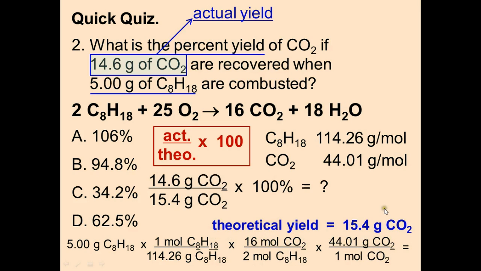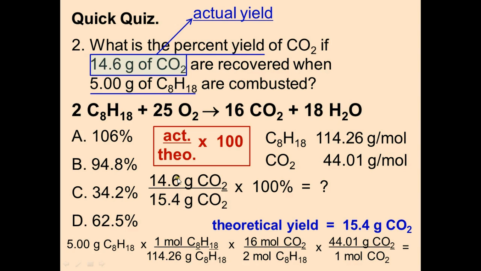And so just before we calculate this, it's always important when you're doing math problems in any class, even in math class or chemistry, no matter what it is, always in the back of your head have an estimate of what it should be. So when you look at these answers, if we did 14.6 divided by 15.4, it must be close to 100% because 14.6 is pretty close to 15.4.